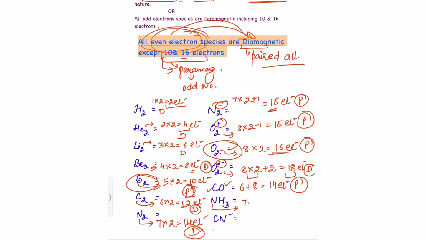NH3, 7 plus 3H, so 3 into 1, because each H contains 1 electron. 7 plus 3, 10 electrons, again it is paramagnetic in nature. Carbon contains 6 electrons, nitrogen contains 7 plus 1, 14 electrons, again diamagnetic.